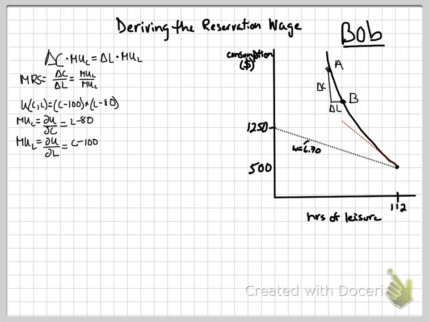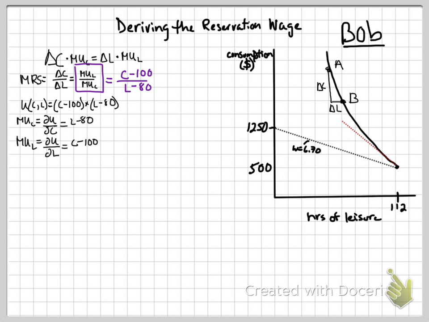So if we want to find the expression for this, we now have it. It's equal to (C minus 100) over (L minus 80). Well, we do know his consumption and leisure when he's not working.